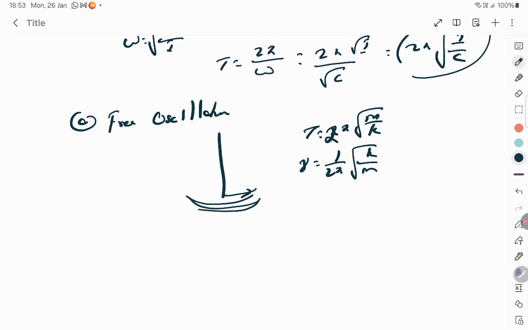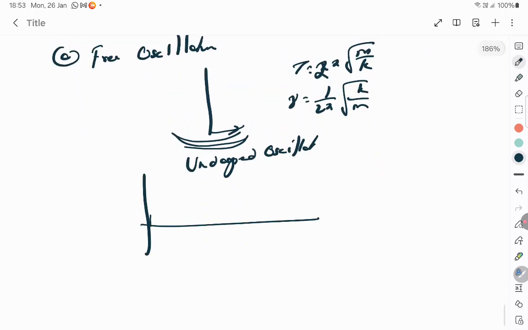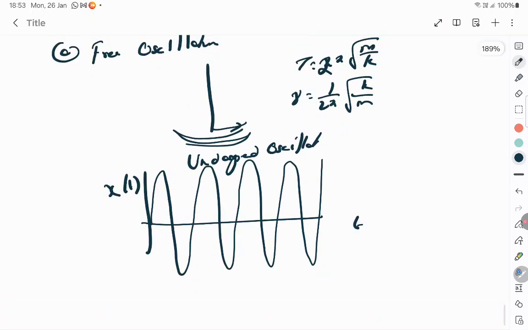If there is air resistance, it will come to rest, or it has to overcome the air resistance. Without resistance, it will continue to oscillate in the same way throughout, and that is called undamped oscillation. In undamped oscillation, the frequency and the amplitude remain the same. Just draw this, x versus t. This is for undamped oscillation.